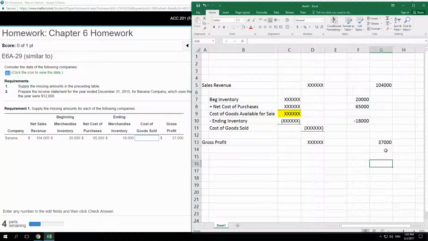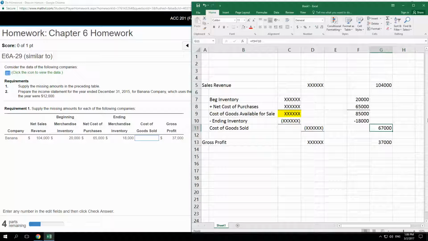Right? And I think I have enough right here to solve for cost of goods sold, because all I really need to know is my beginning inventory, what I purchased, and my ending inventory, and that gives me cost of goods sold. Well, if I take my beginning plus what I purchased, that'll be 85,000. Okay, and if I subtract 18,000 from 85,000, I get 67,000.